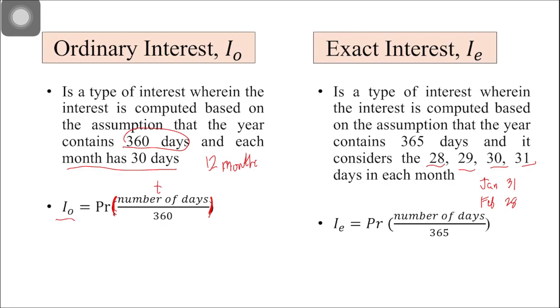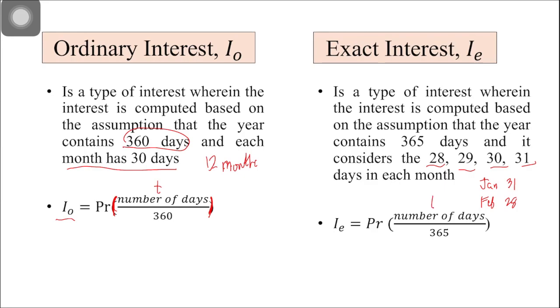So, one year in exact interest is assumed to be 365 days. So this is the formula in getting the exact interest. So I sub E is equal to PR times the number of days over 365.